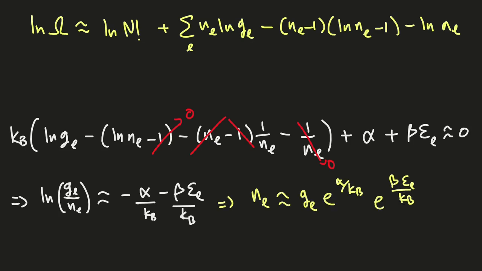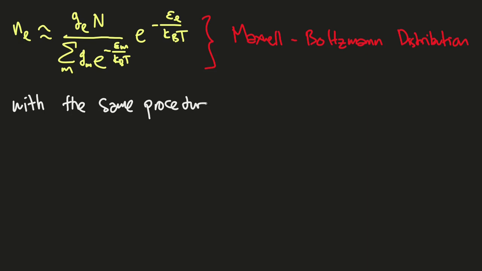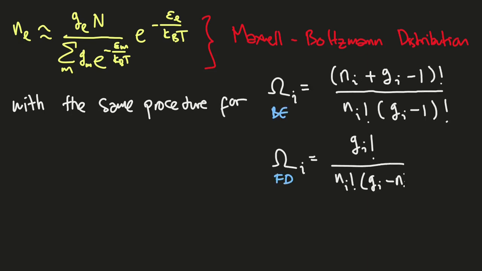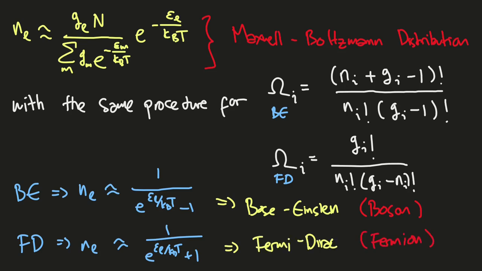And by considering all the constraints we take, we will get this result, and this one is the Maxwell-Boltzmann distribution for classical particles. And then, with the same procedure for the others, Bose-Einstein and Fermi-Dirac, we get the Bose-Einstein distribution as this and the Fermi-Dirac distribution as this. Bose-Einstein here is for boson particles and Fermi-Dirac here is for fermion particles.